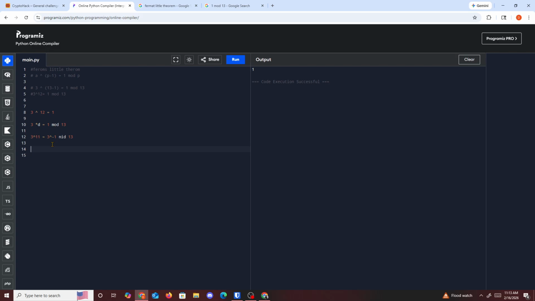So that basically means 3 to the negative 1 is equal to 3 to the 11 mod 13. And this is going to be mod 13 as well. And from right here, we could basically do pow of 3 to the 11th mod 13, which is this function right here.